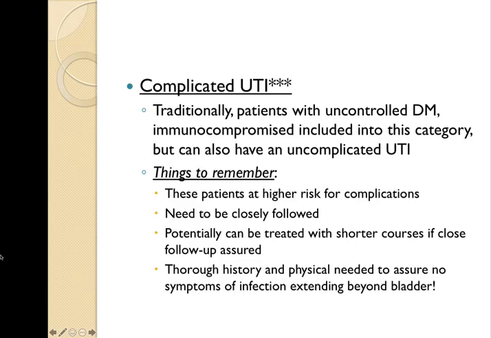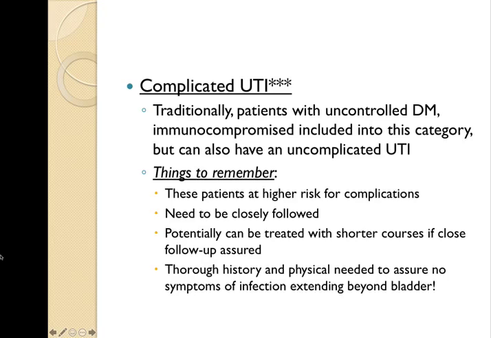So what the literature tells you is that potentially there are patients that can be treated with shorter courses of antibiotics, but the patients in the complicated UTI category are the patients that are higher risk for complications.